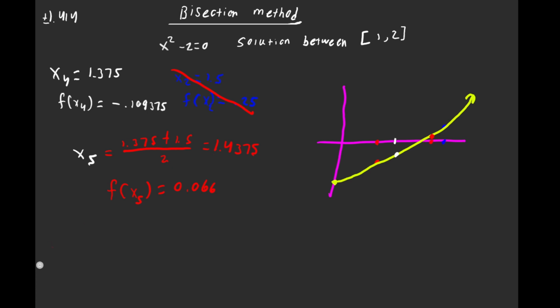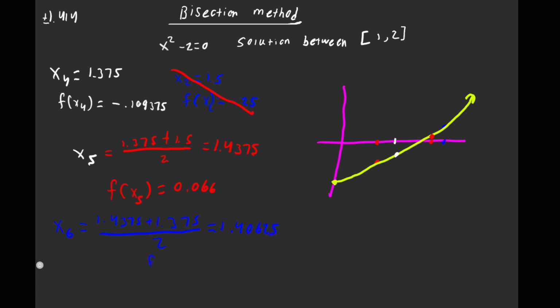So x sub 6 is equal to 1.4375 plus 1.375 divided by 2, which is going to be 1.40625.